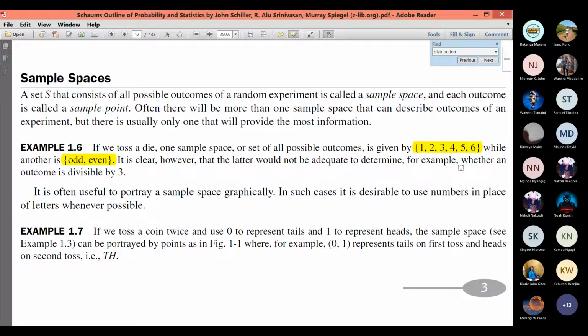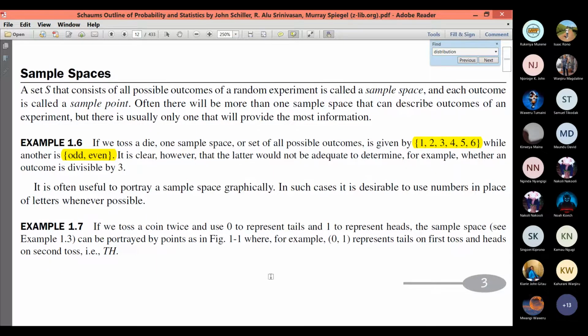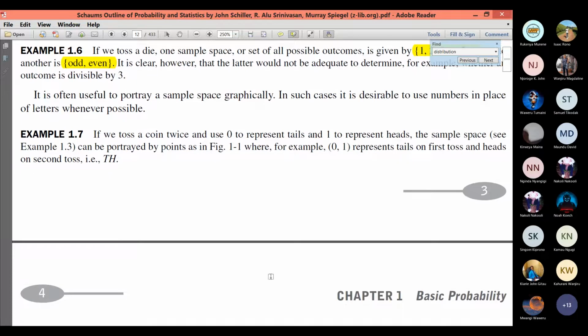You can actually form some sub-sample spaces. Then you have an example 1.7, which may not help us in any way possible, so let's go down to some other ideas. Any question up to there?